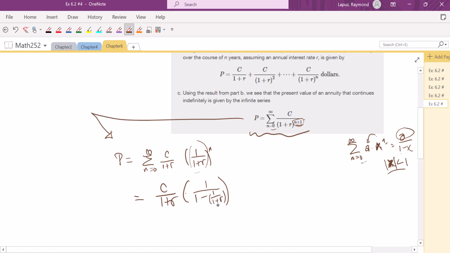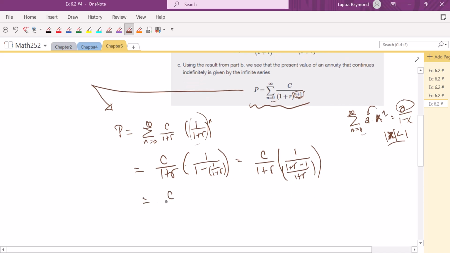All right, it's a complicated looking formula, but we can simplify it, and we'll find common denominators for the second fraction. So we have C over 1 plus R. We have 1 divided by 1 minus 1 over 1 plus R. Let's go ahead and take the reciprocal of that.